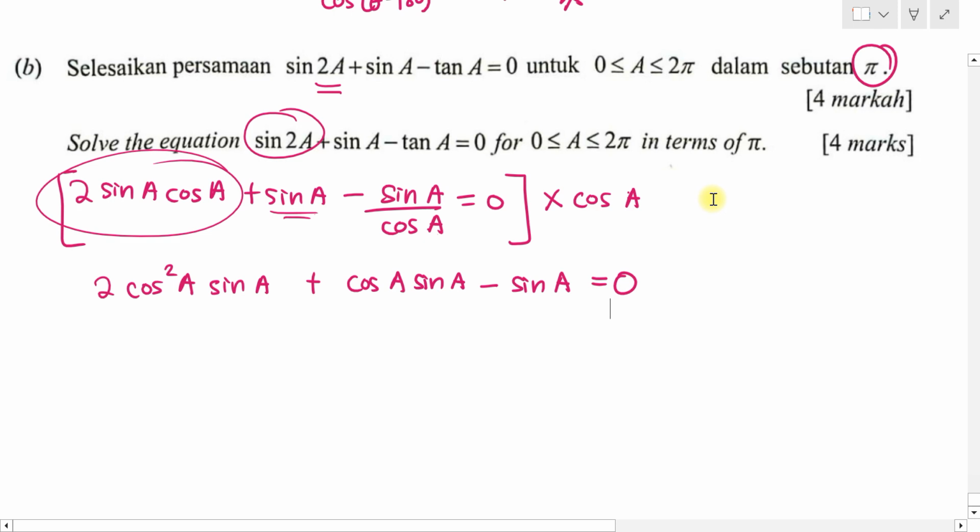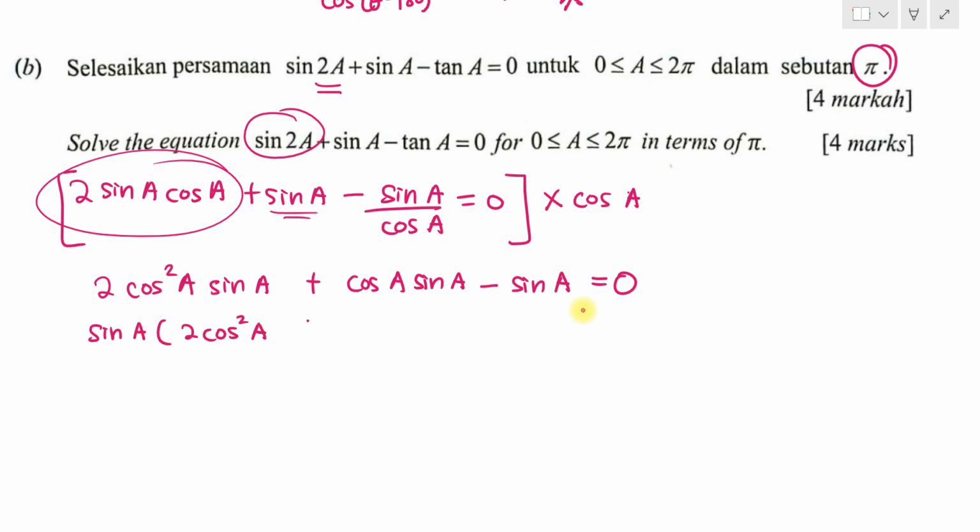Okay. What is common here? Everything has sin, right? Can you notice? Everything has sin. So we take out sin first. Sin A is 2 cos square A plus cos A minus 1.